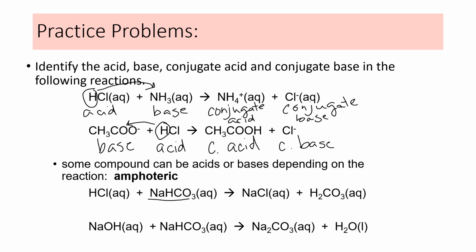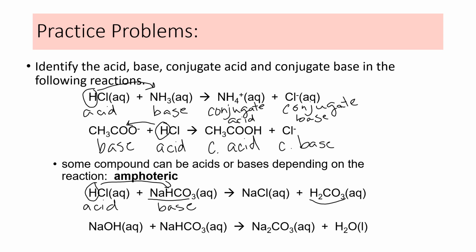Well, it looks like this H is going to come join the sodium hydrogen carbonate, and it will become H2CO3. So this one is our acid. This one is the base.